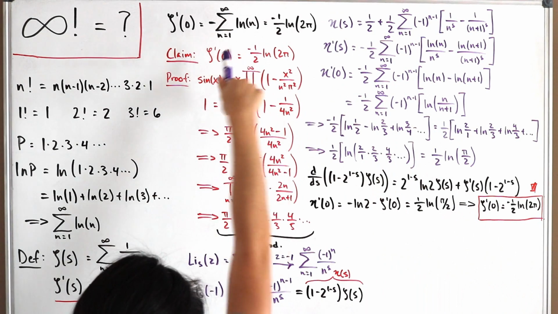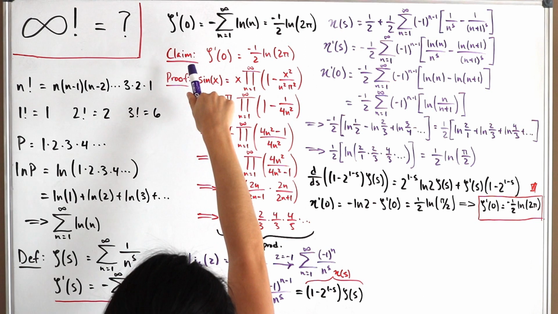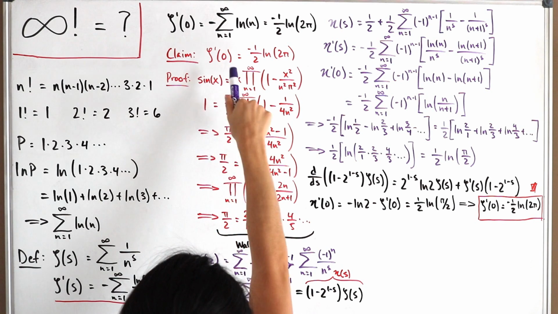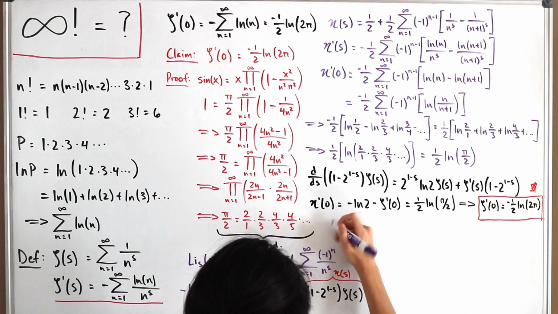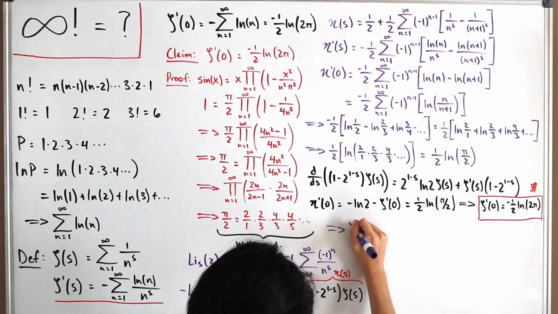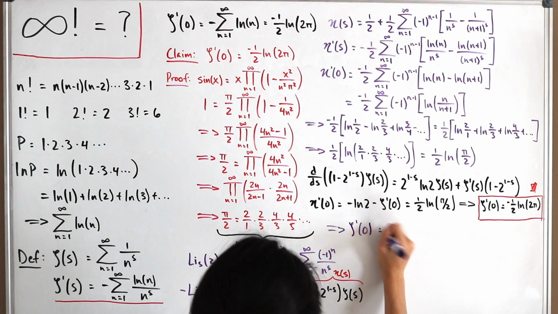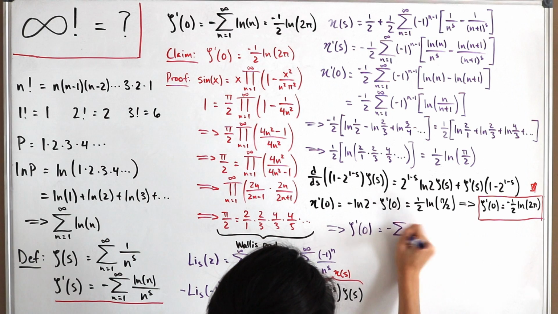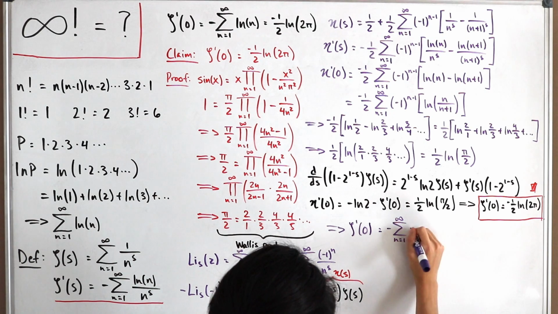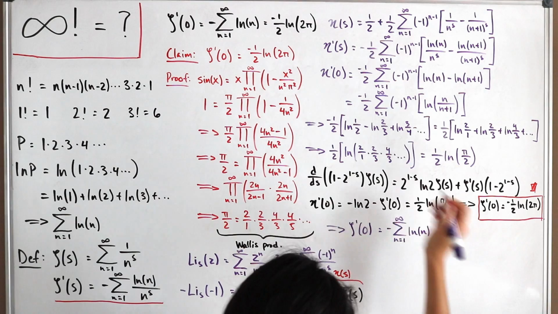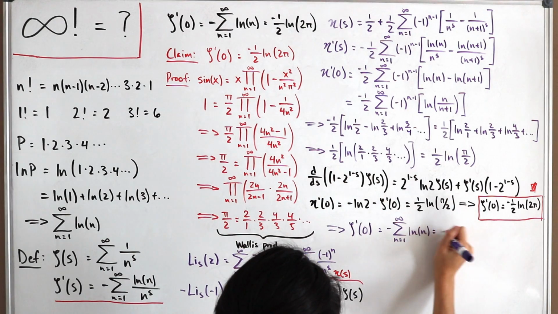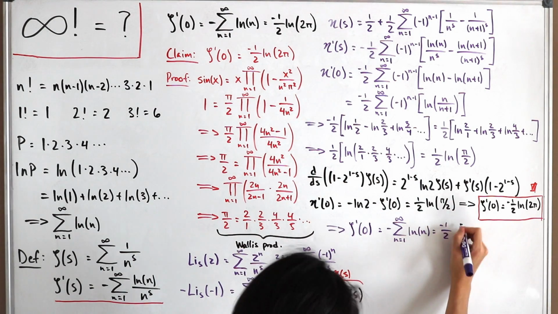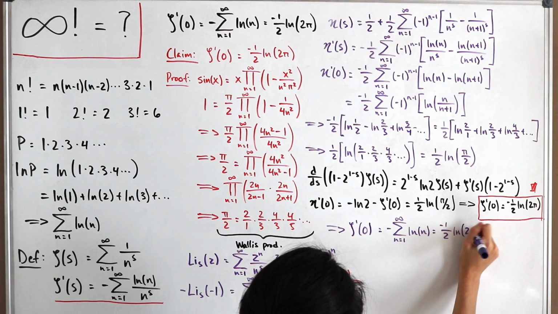So now we can actually just go back to what we said earlier, that the Riemann zeta prime of 0 equals our infinite sum. Give me some time to write all this out. This is equal to the negative infinite sum of the natural log of n, which we just proved is equal to -1/2 times the natural log of 2 pi.